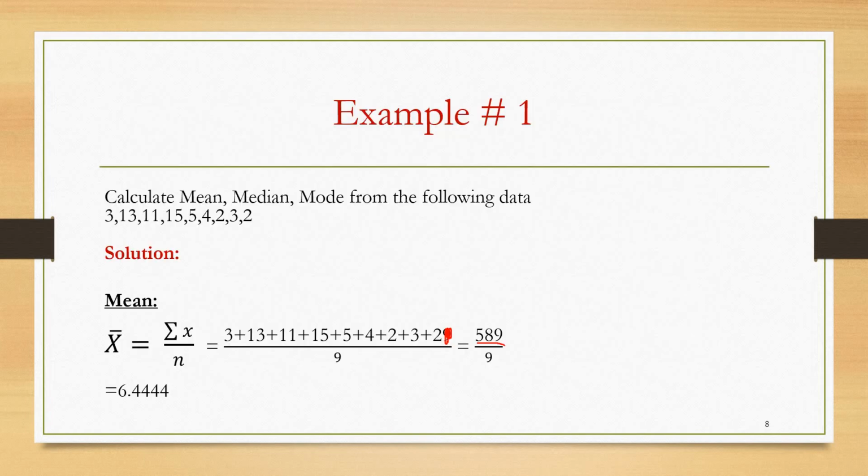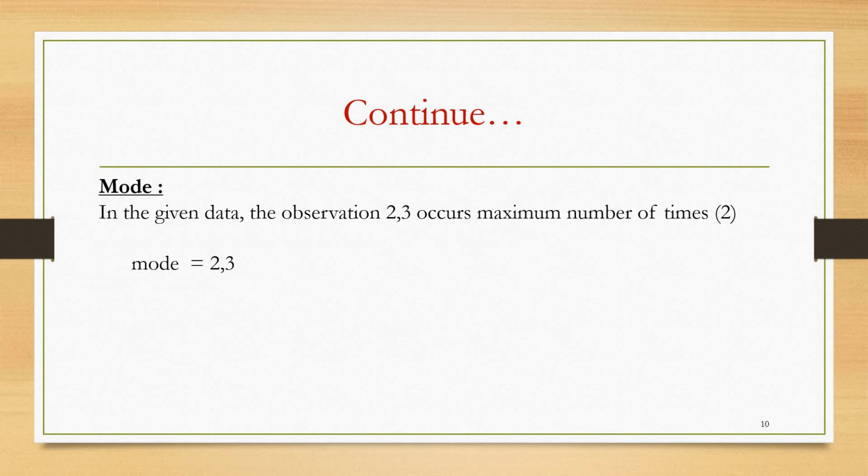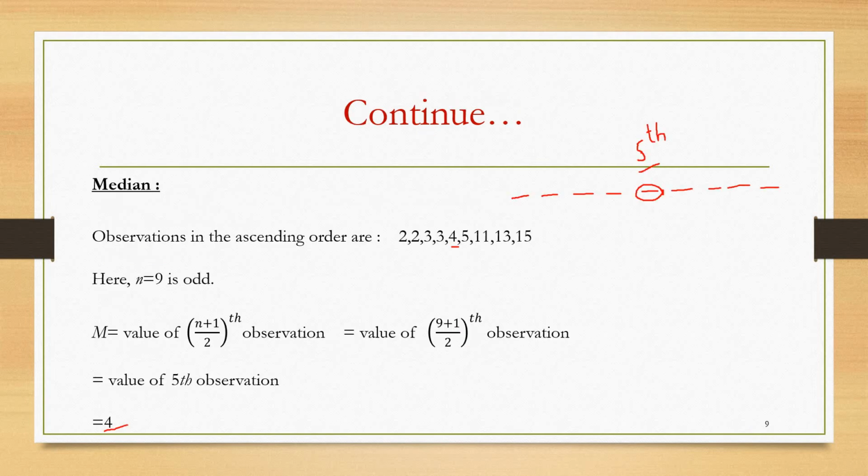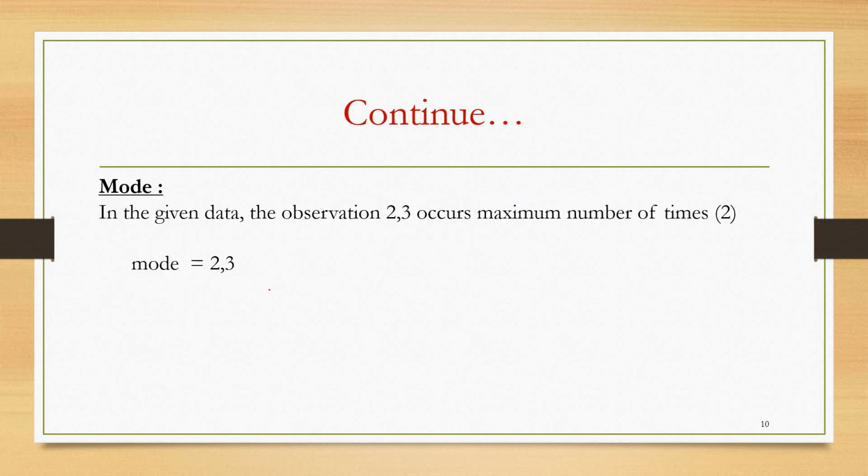In this data set, we have 3 and 3 occurs 2 times. 13 occurs 1 time, 11 once, 15 once, 5 and 4 also once, 2 also occurs 2 times. So there are 2 values that occur maximum number of times, that is 2 times. So the mode is 2 and 3.